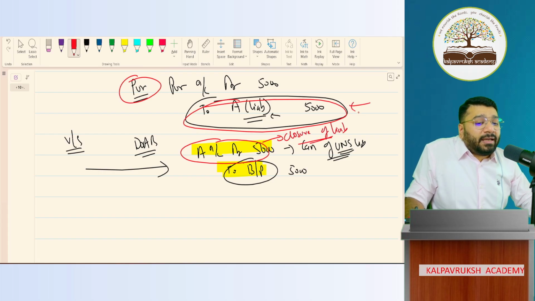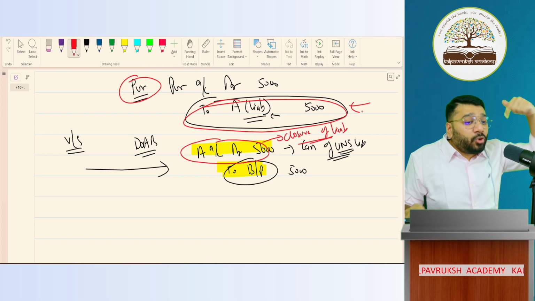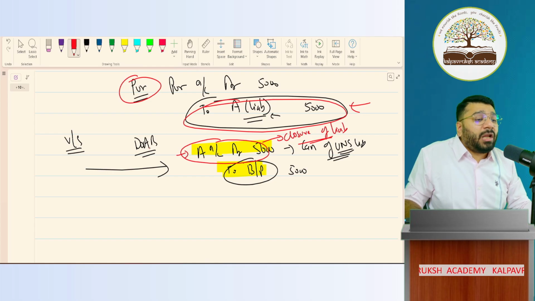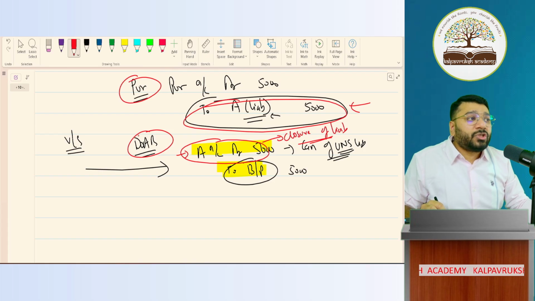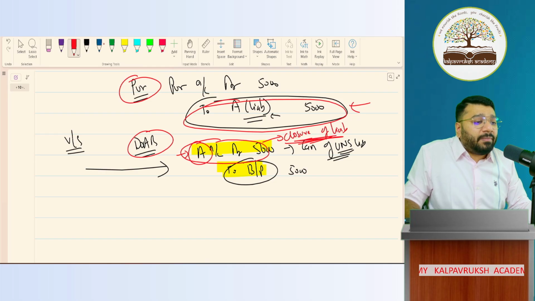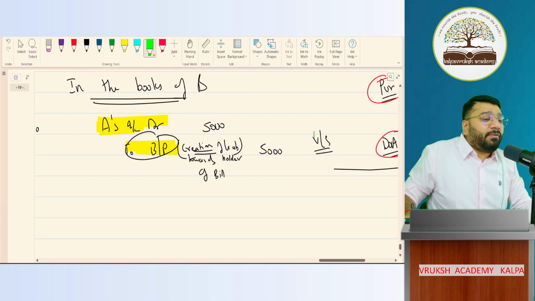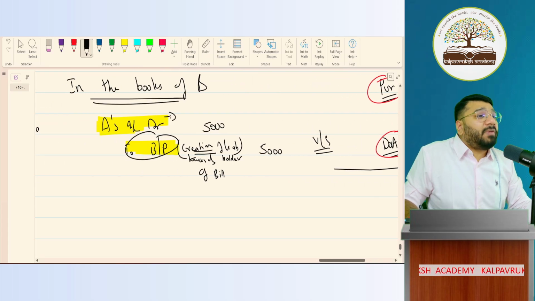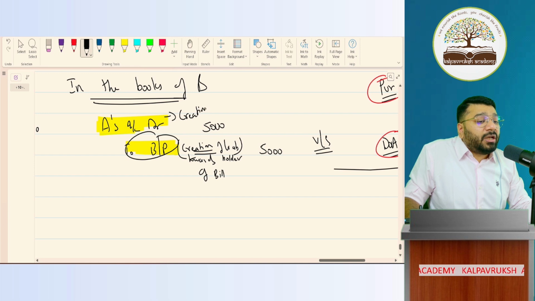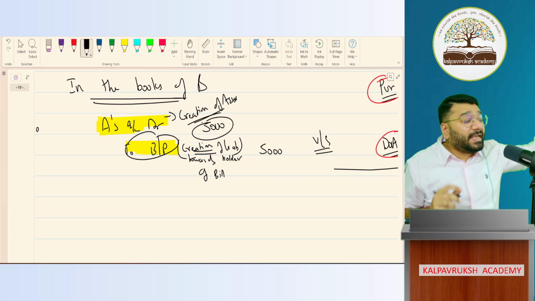The liability I created in the first transaction, I'm closing that liability in the second transaction upon acceptance of bill. So one liability created, another liability closed. So A debited because of closure of liability. Here, the A that is debited is not closure of liability. It is creation of asset, because this much money I have to receive in future.